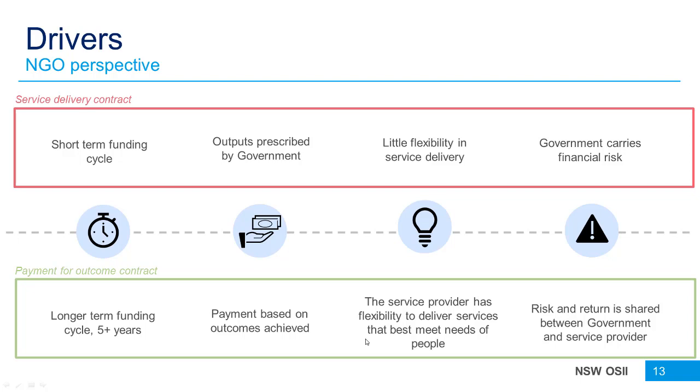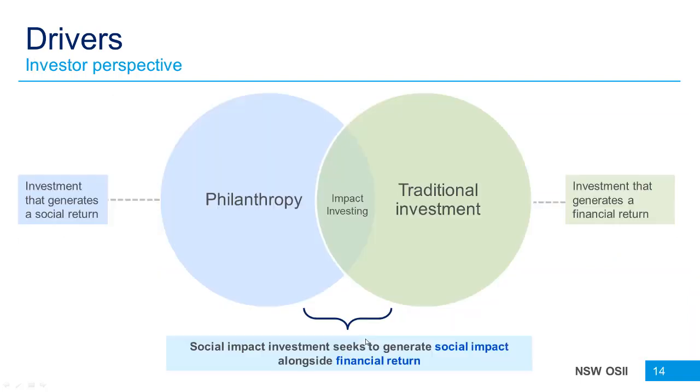Social impact investments are also more flexible and involve a partnership arrangement with agencies, which enables the service provider and the agency to adjust the service to meet the needs of their clients. And finally, the service provider gets to share in the risk and return depending on how successful the program is.